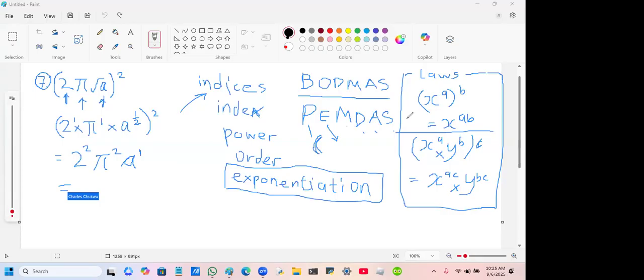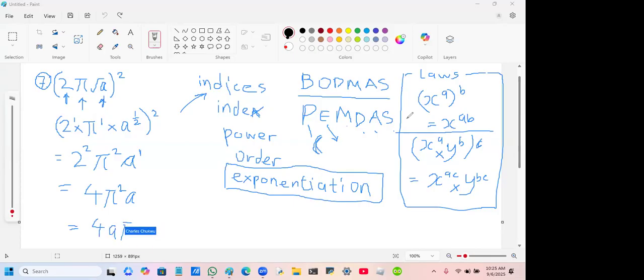2 raised to power 2, we already know is 4. 5 squared is 5 squared, no big deal. And finally, a raised to power 1 is as good as what? A. So that's your final answer. Sometimes in the book, they may write it like this. They may rearrange everything to be 4 times 5 squared.